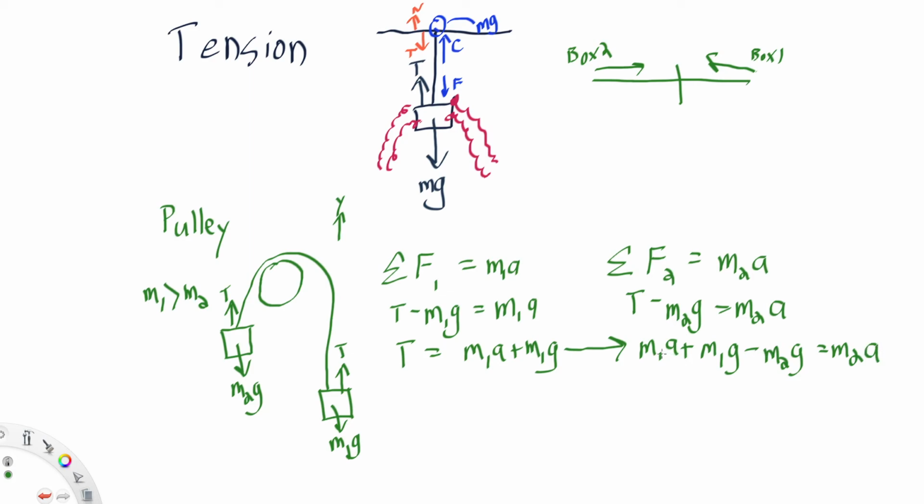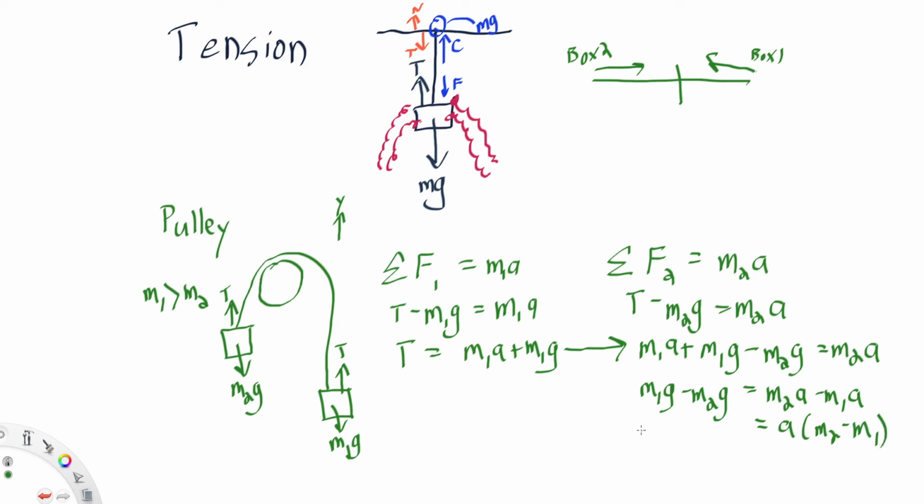All right, I'm going to put everything with an a on the right side of the equation, and everything with a g is going to stay on the left side of the equation. So here we have m1g minus m2g equals m2a minus m1a. And on the right-hand side, I'm going to factor out an a here. So we have a, m2 minus m1.